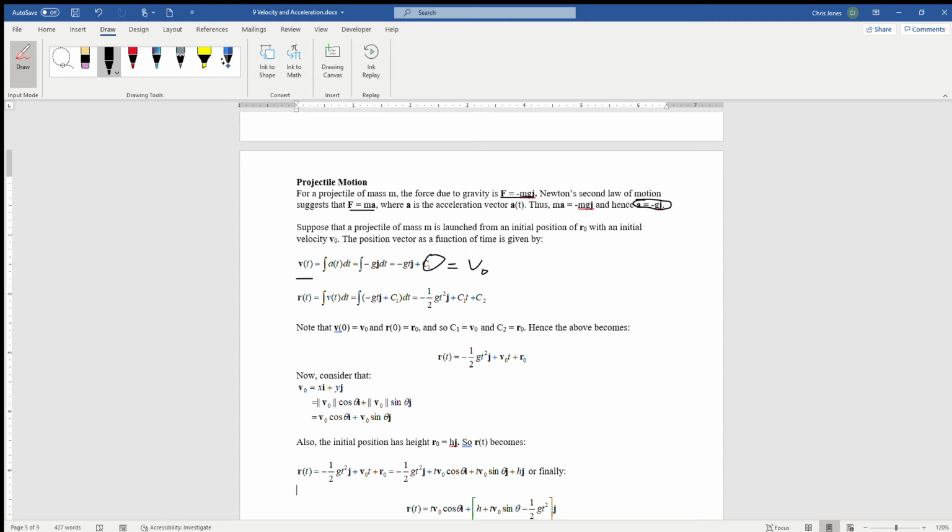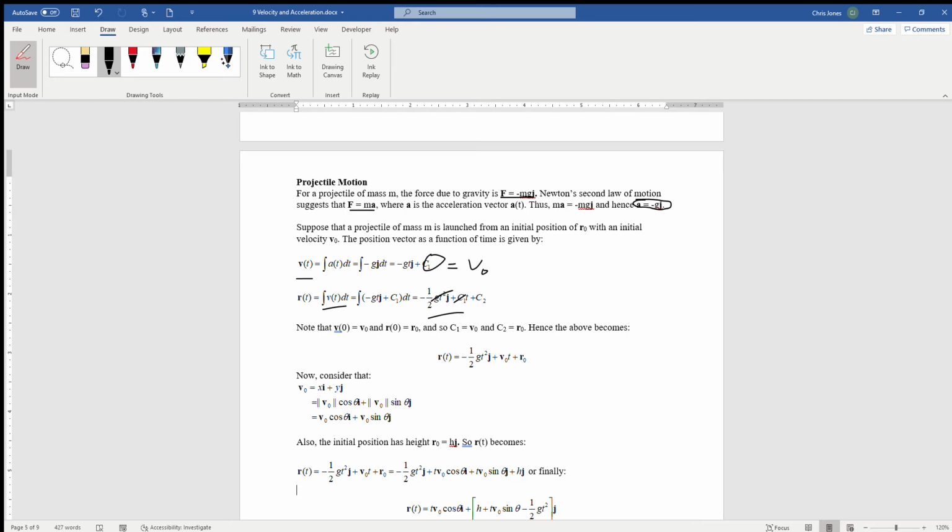We're going to do the same thing over here, and we're going to integrate the velocity function. So if we integrate negative gtj, that becomes negative 1/2 gt squared j, and then we have the c1t and c2. Now remember, when we substitute 0 in, these two are going to cancel out.